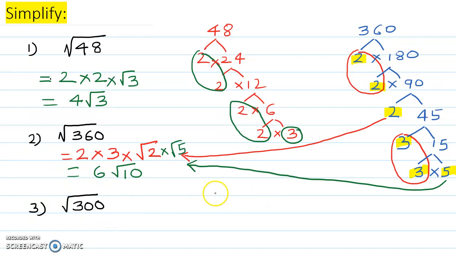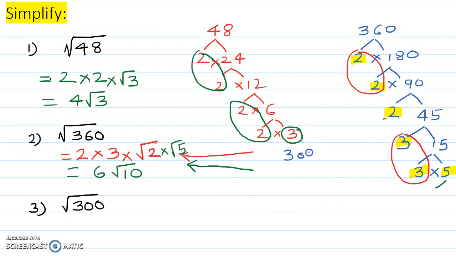Okay, now the last one is left, that is 300. Let me rub this so that we can create some space here. So 300, if you divide, it will be 2 and 150. 150, keep taking 2, then 2 and 75.